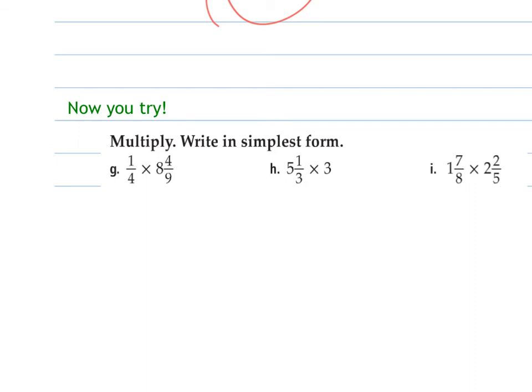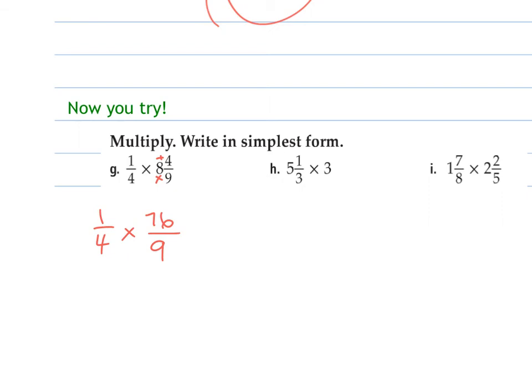All right, so 1/4 times 8 and 4/9. So we got to turn that 8 and 4/9 into an improper fraction. Take 9 times the 8, which is 72, plus 4 is 76 over 9, and 1/4. I'm going to simplify.